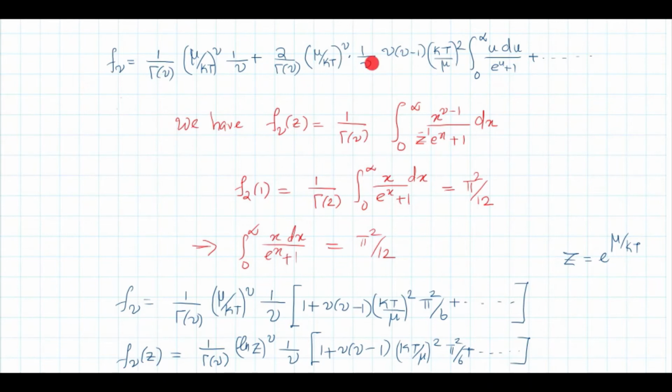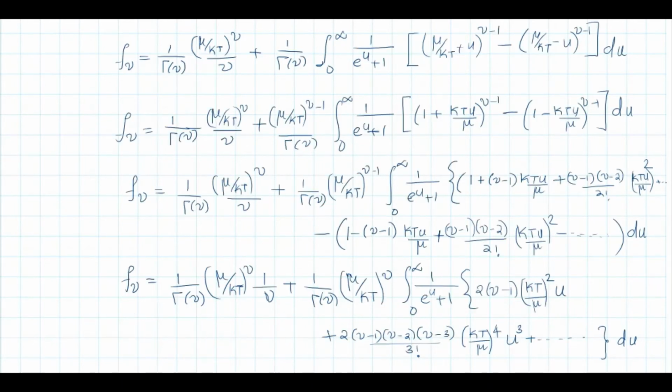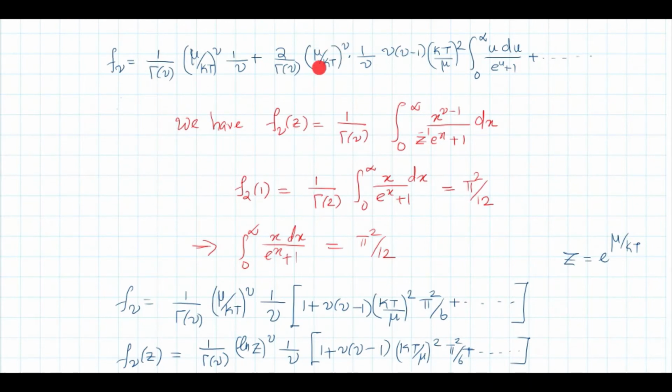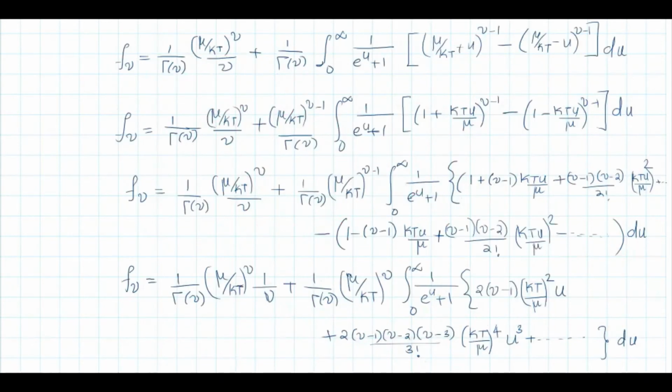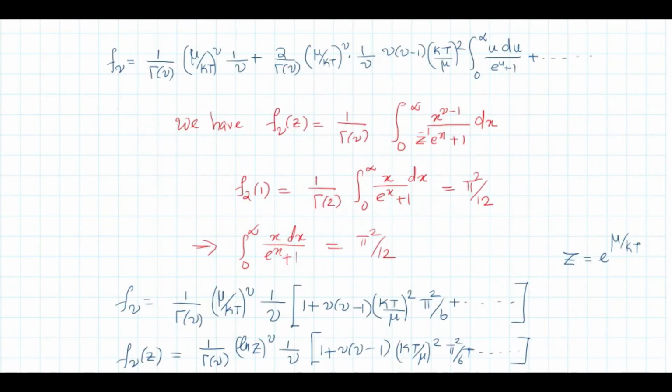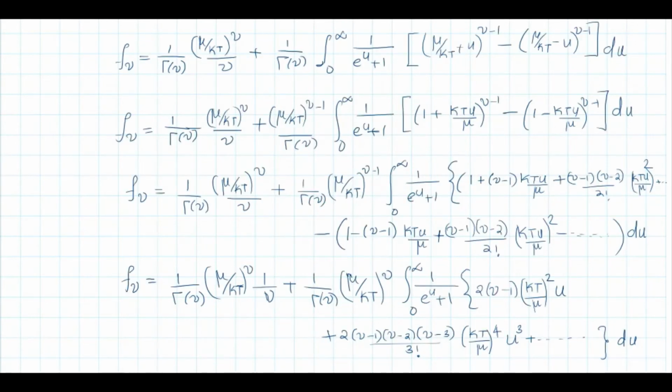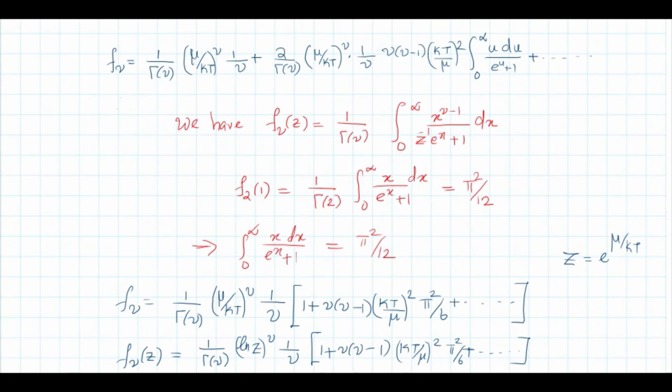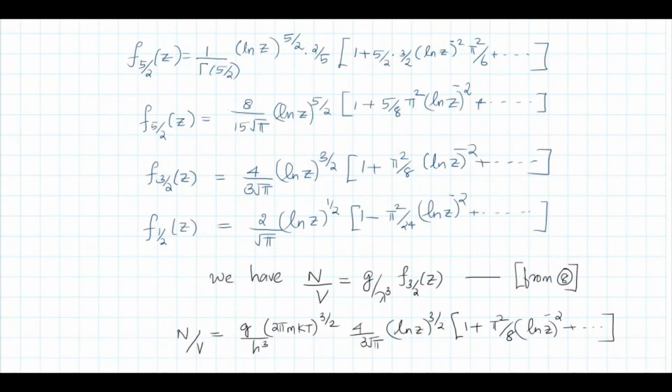I multiply and divide by a ν, so that becomes 2ν(ν−1), and there will be a 1 by ν also, and there is already (μ/kT) raised to ν. There is a 1 by Γ(ν), and there is (kT/μ) whole square into the integral from 0 to infinity of u divided by (e^u + 1) du, plus the higher order terms. The next order terms will be there.